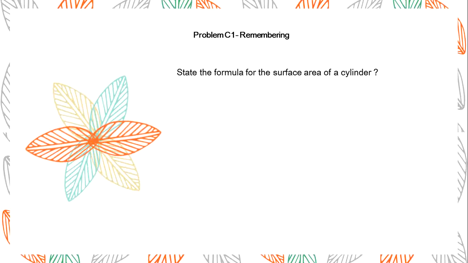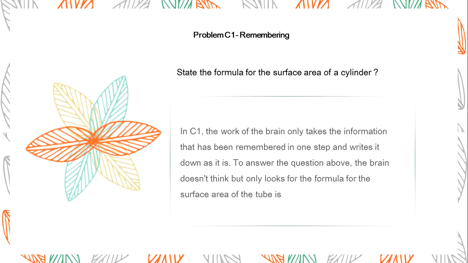This question is included in problem cognitive 1 because in cognitive 1, the work of the brain only takes the information that has been remembered in one step and writes this down as it is. To answer the question above, the brain doesn't think, but only looks for the formula for the surface area of the tube. It is L equals 2πr² plus 2πrt.